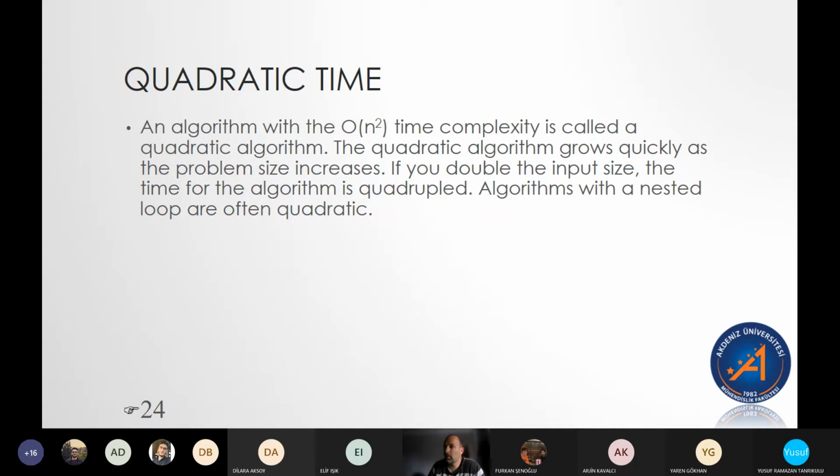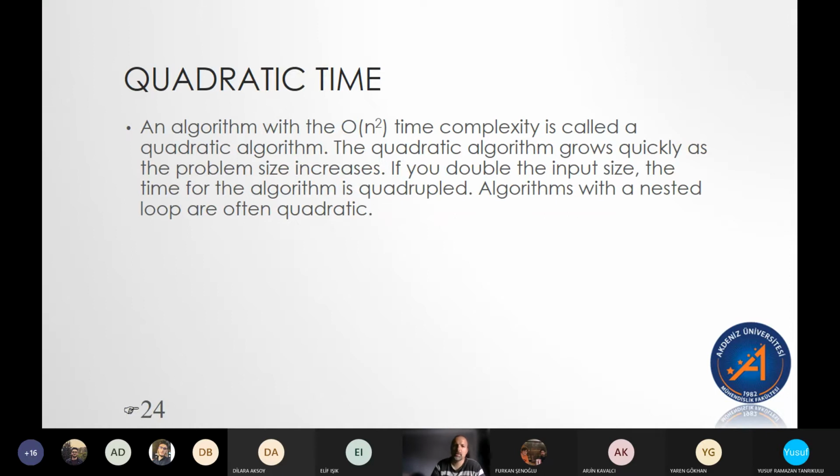All right. Now, what this means for a quadratic time algorithm, for an n squared algorithm, is that if we were to have some list of size k, and then we were to use the same algorithm with a list of size 10k, no longer will it take 10 times the amount of time to run on the larger set. Instead, it will take 100 times the amount of time, right?